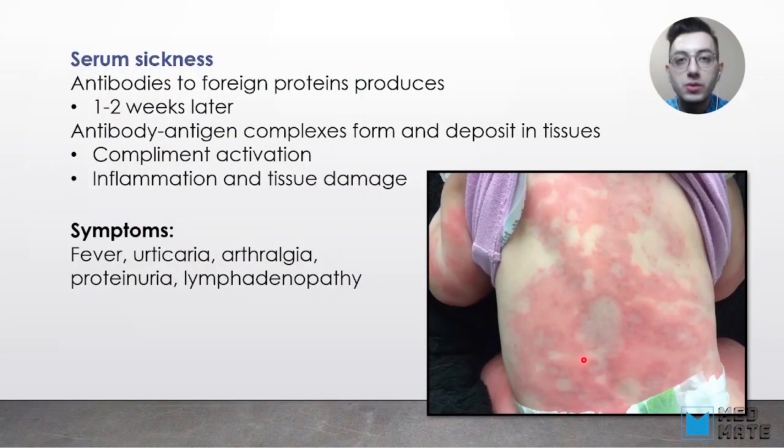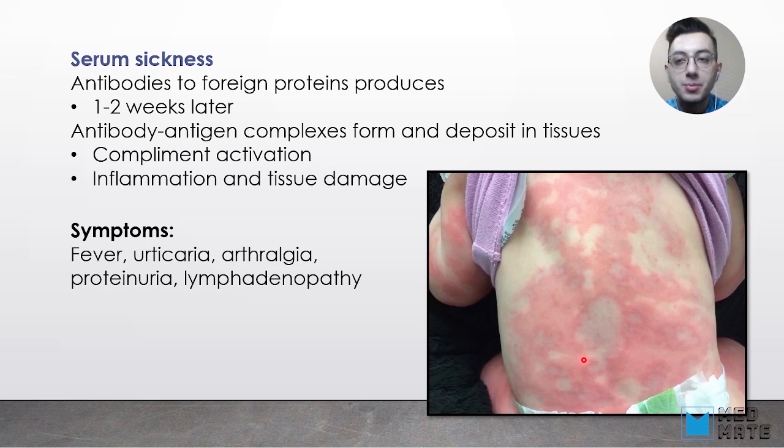One of the classic presentations of type 3 hypersensitivity is serum sickness. This is when antibodies to a foreign protein are produced within 1 to 2 weeks after the first exposure, and these antibody-antigen complexes form and deposit in the tissue.